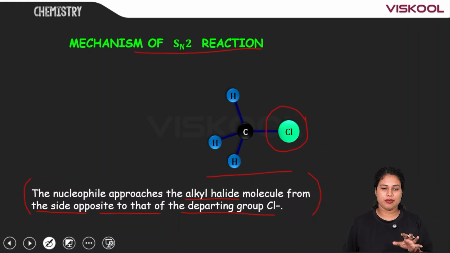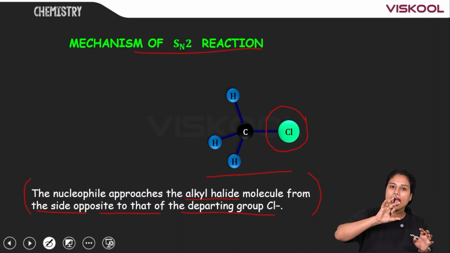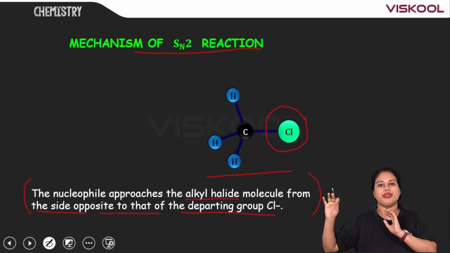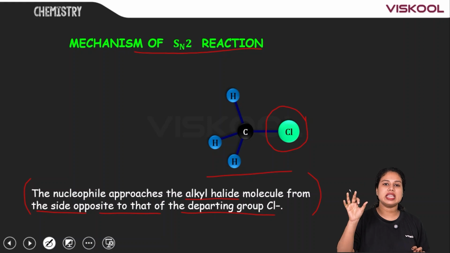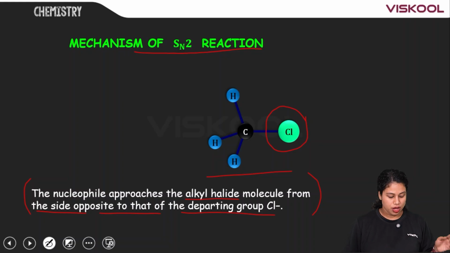When nucleophilic substitution takes place, the halogen moves away and the nucleophile comes in. So the nucleophile approaches the alkyl halide from the side opposite to the departing group.